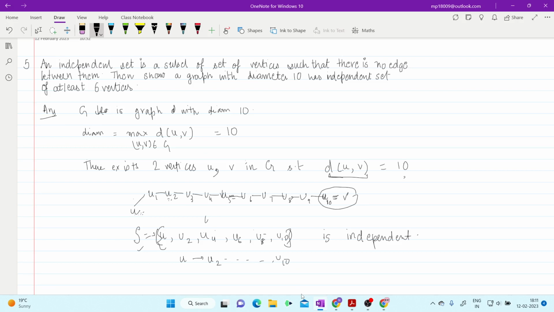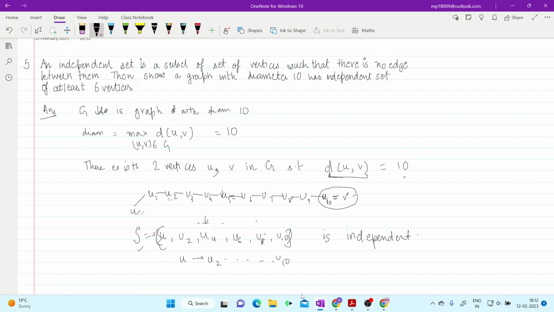There can be more vertices than these and more edges than these. We have just picked these.